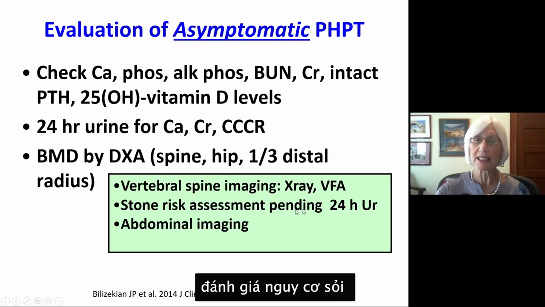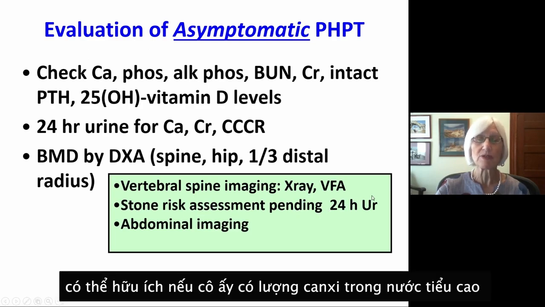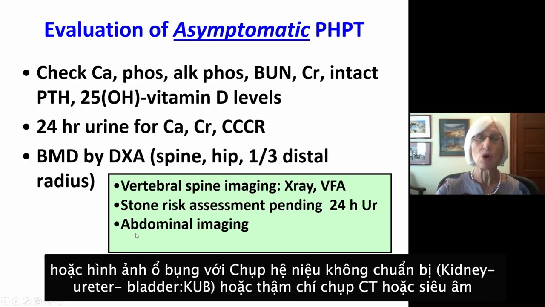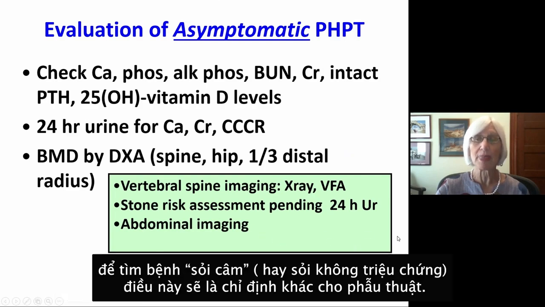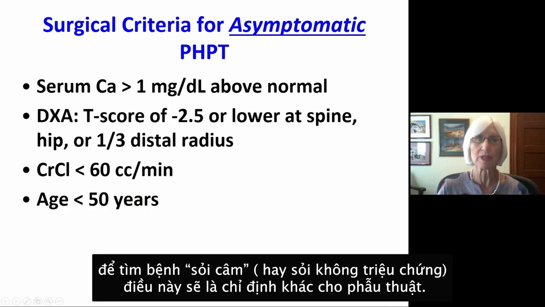A stone risk assessment may be useful if she has high urinary calcium, or abdominal imaging with a KUB or even a CT or ultrasound to look for silent stone disease, which would be another indication for surgery.